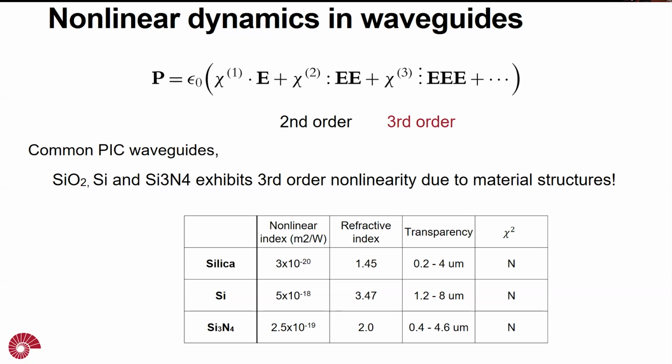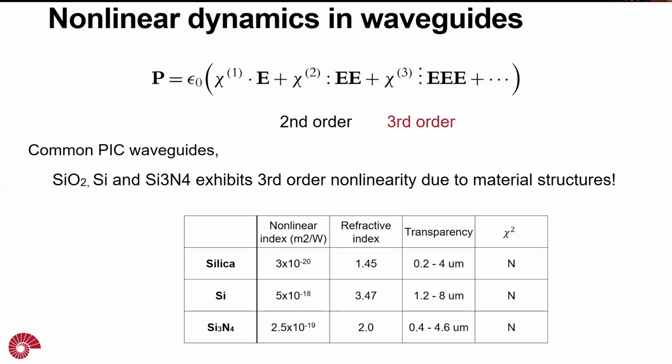We are going to deal with this material and we want to do nonlinear optics, so the nonlinearity coefficient is important for us. It tells us, for the same amount of laser light, how much nonlinear dynamics, or how the nonlinear behavior will change.